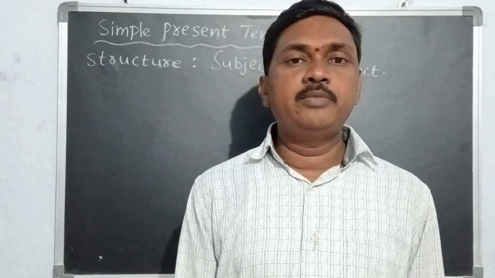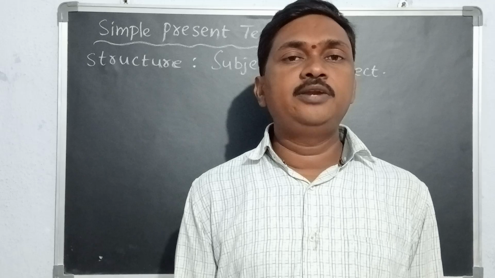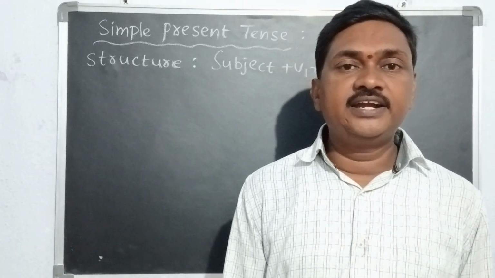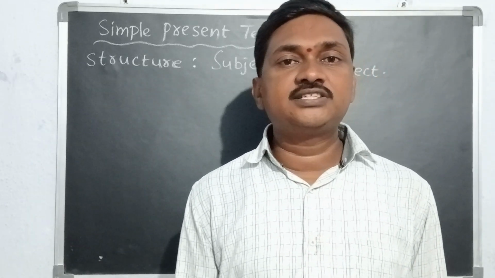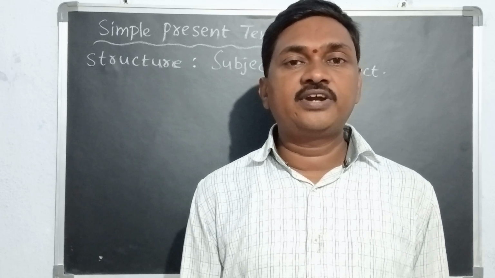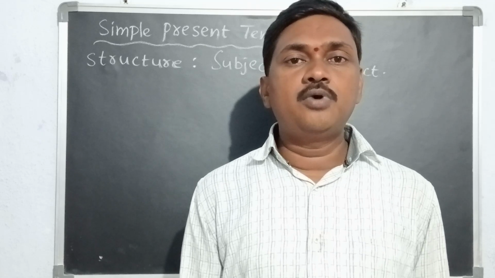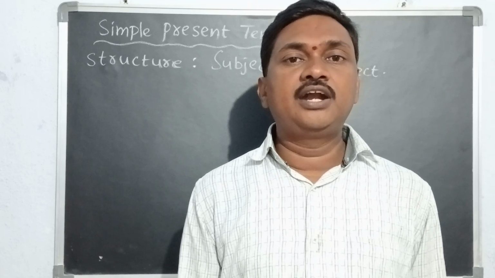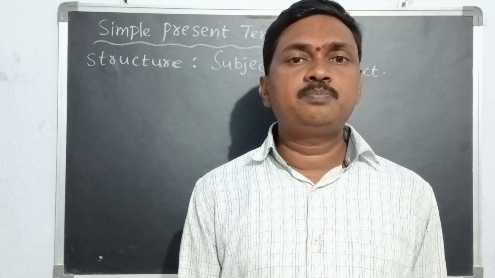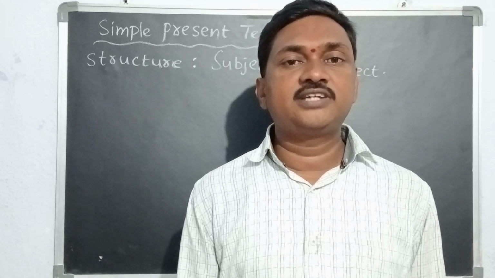Again, these three main tenses have their own four forms. In present tense: simple present tense, present continuous tense, present perfect tense and present perfect continuous tense. In past tense: simple past tense, past continuous tense, past perfect tense and past perfect continuous tense.